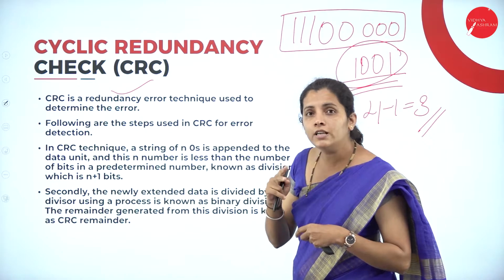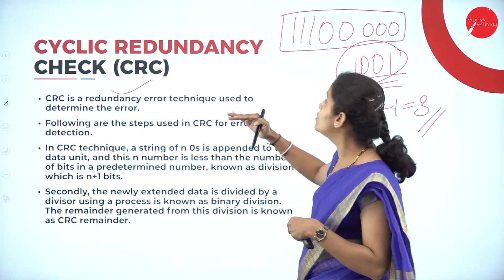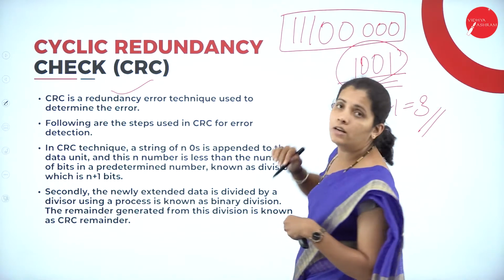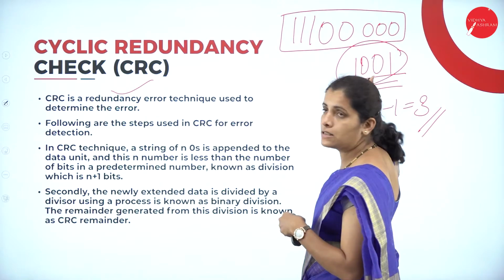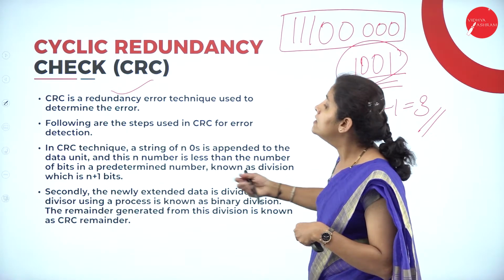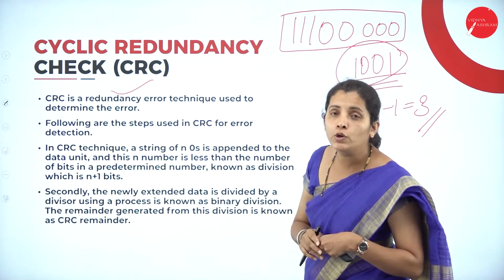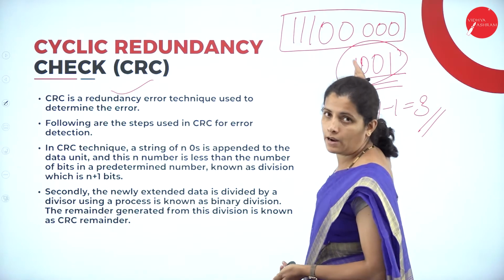So initially, what is the first step? I want to append zeros to the actual data based on the divisor length, that is divisor length minus 1. Then in the next step, you divide your actual data by the divisor.